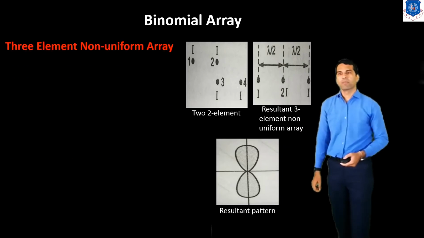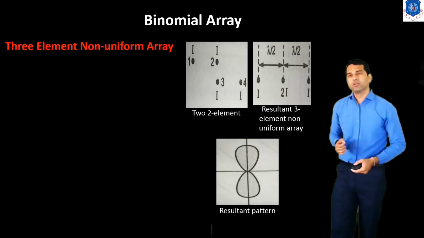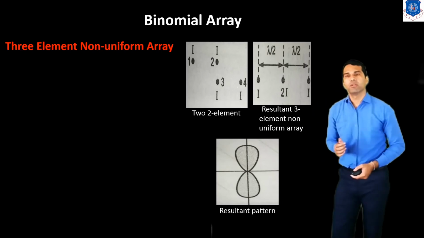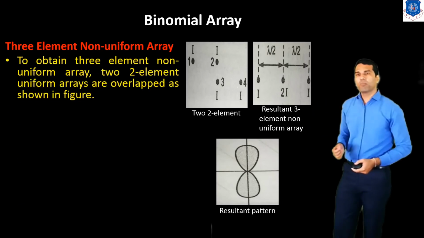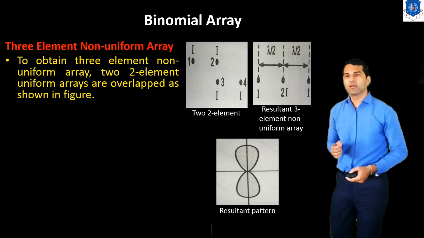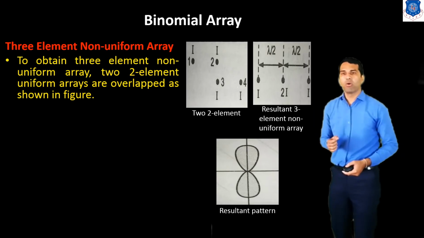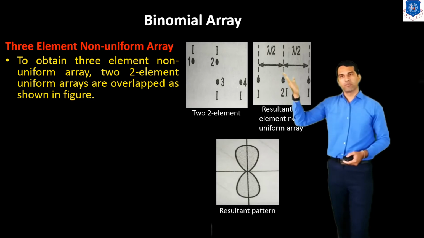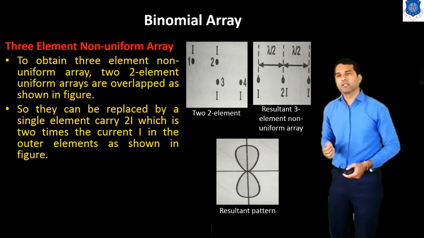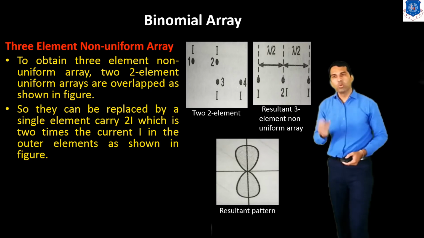Now the 3 element non-uniform array. Here we consider a 3 element non-uniform array. To obtain a 3 element non-uniform array, 2 element uniform arrays are overlapped as shown in this figure, like 1 and 2 and 3 and 4, where the 2 and 3 overlap. So they can be replaced by a single element carrying 2i.